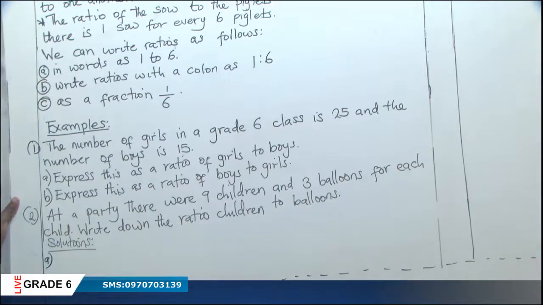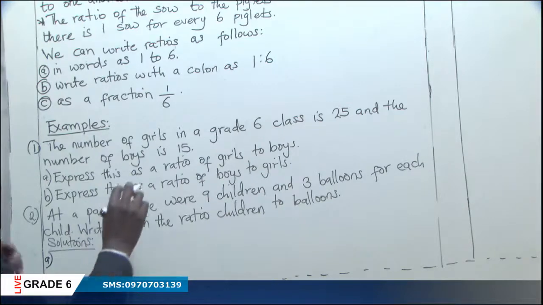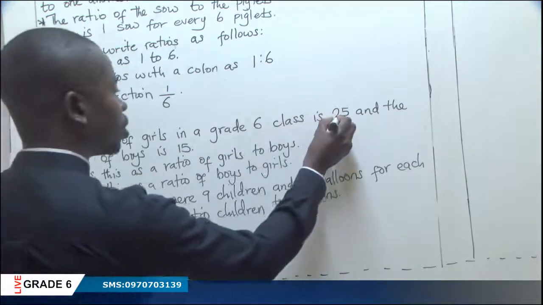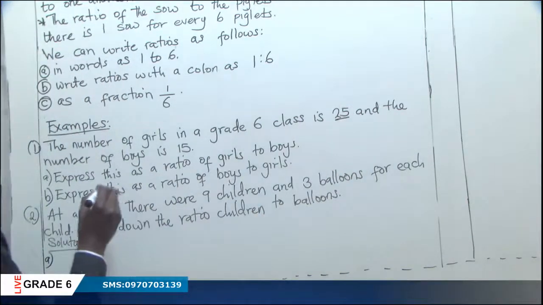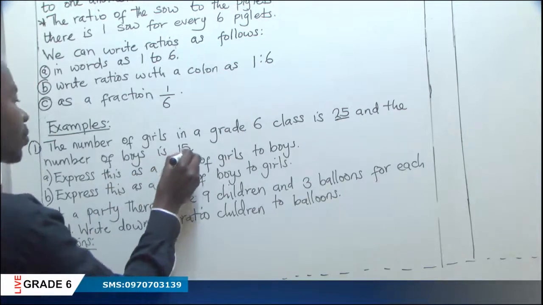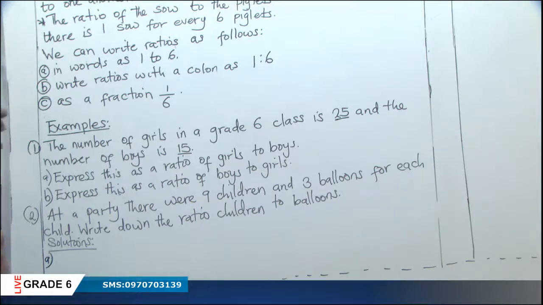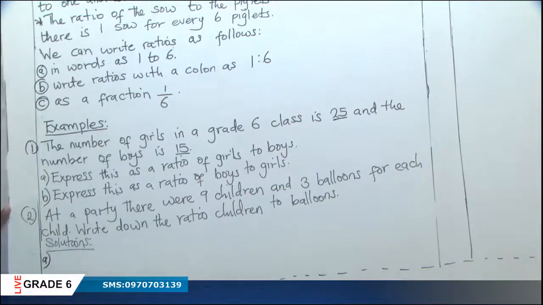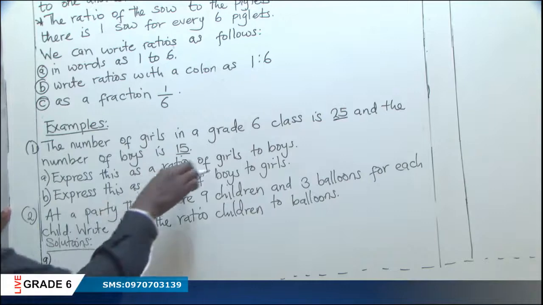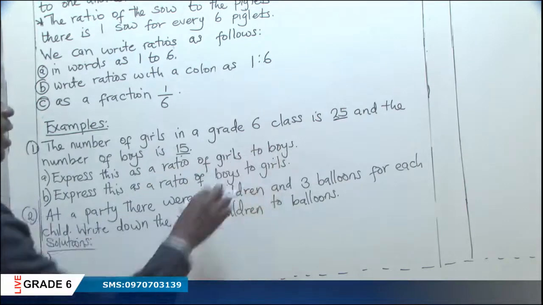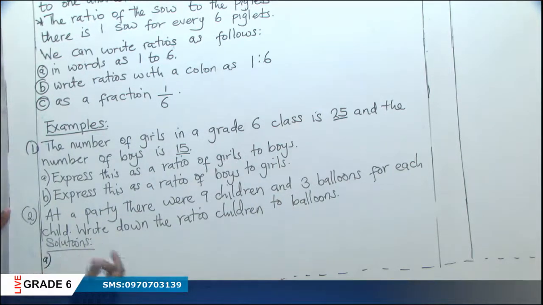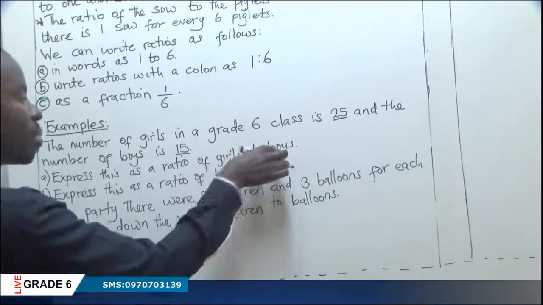The number of girls is 25 and the number of boys is 15. If you are going to express this as a ratio of girls to boys, it's important for you to know the way the ratios are appearing.